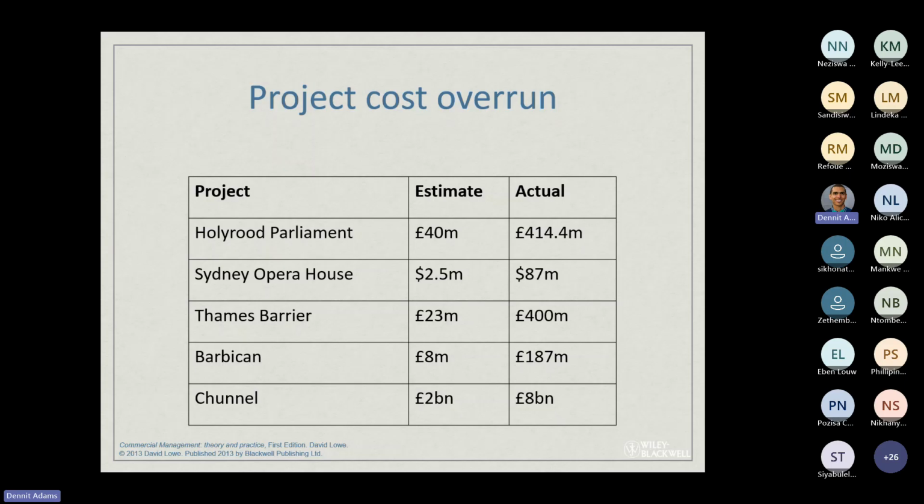But maybe the Sydney Opera House, that's a big one, where the project cost overran by 85 million. This is Aussie dollars, but this project cost them way more. They actually paid so much more.